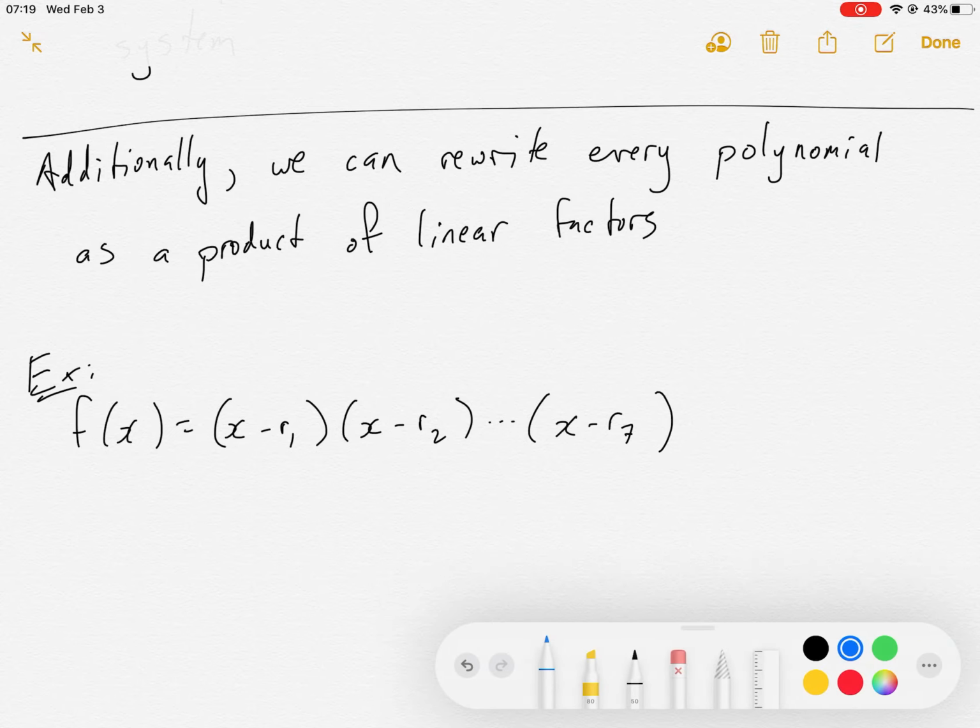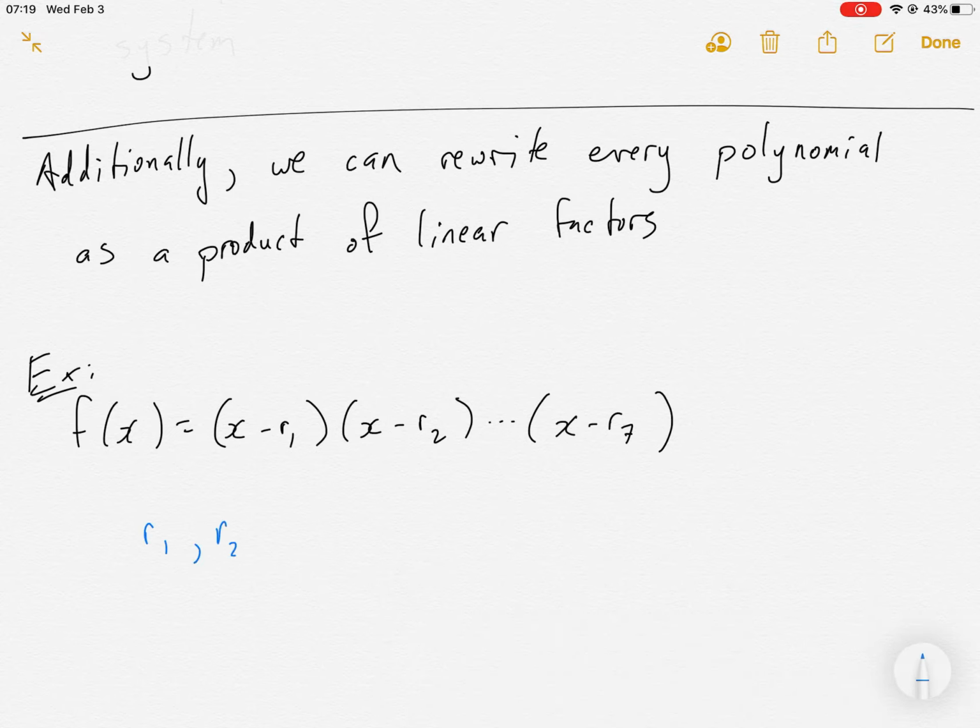So in this example, I'm saying that R1, R2, these are the roots. And so up here where I said every polynomial, I should also mention that if this is degree n, then it would be n linear factors, right? So this was 7 linear factors in this case.